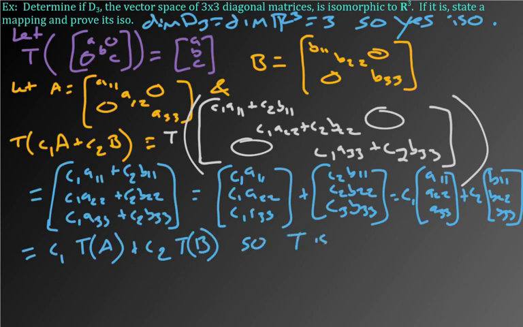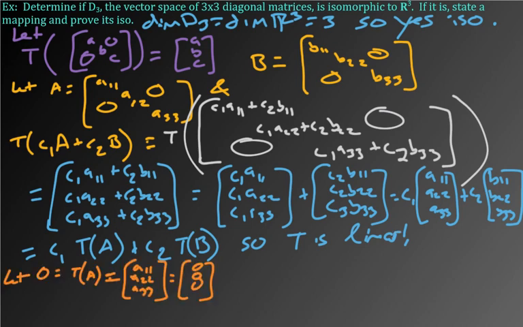So T is linear, all right? Which is good. Then you want to show that the kernel is trivial. So we just let 0 equal T of A, right? Which means that this vector would equal 0, 0, 0, 0. So then A11 just equals, and I'm using A here again, but it's just arbitrary.